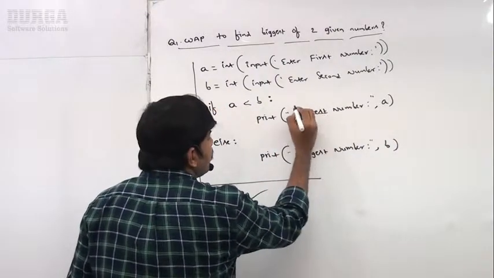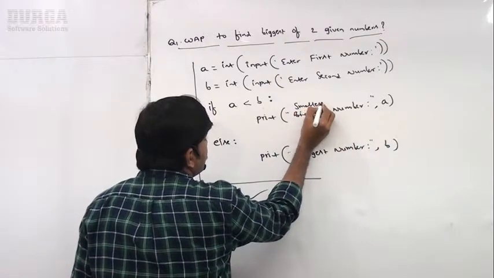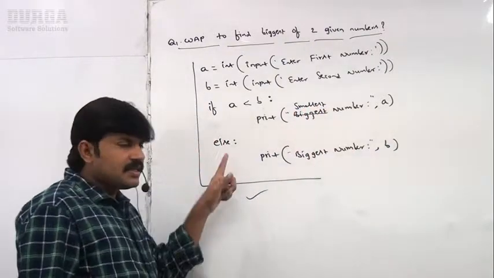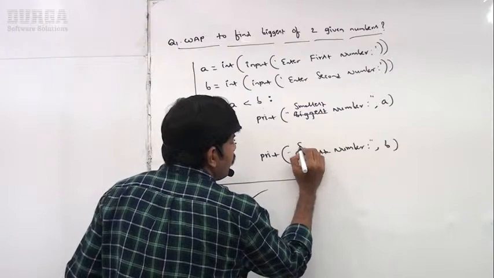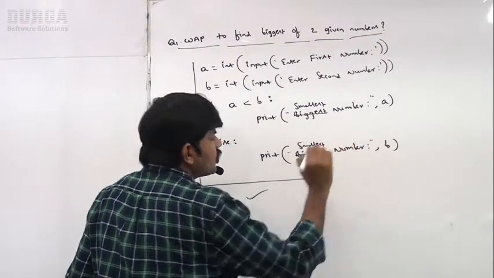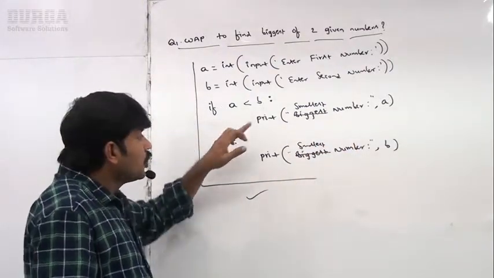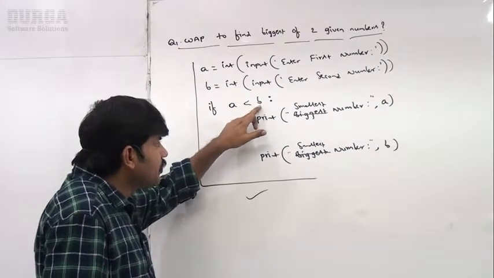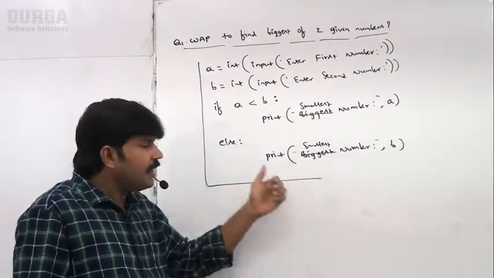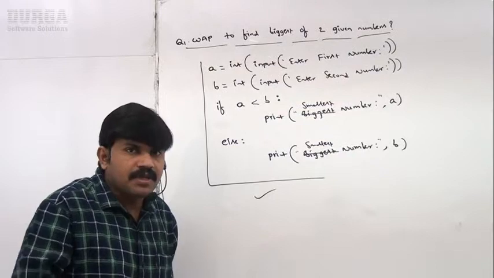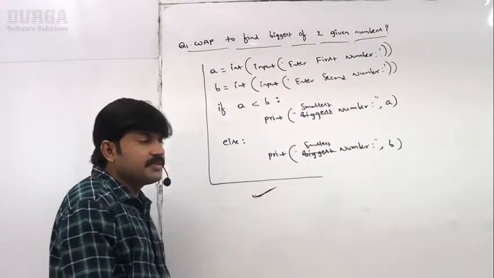Now instead of biggest, "smallest number is a", sir. Else "smallest number is b", sir. That's all. This one itself is valid, sir.